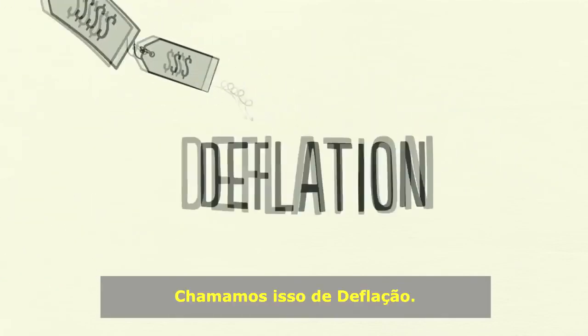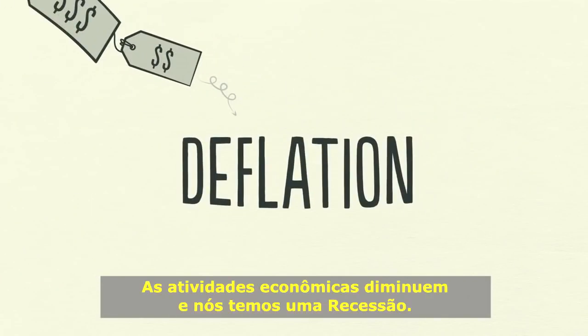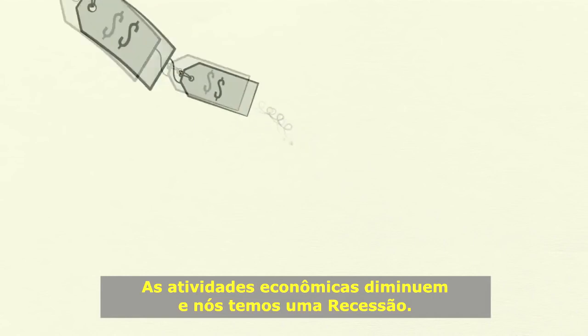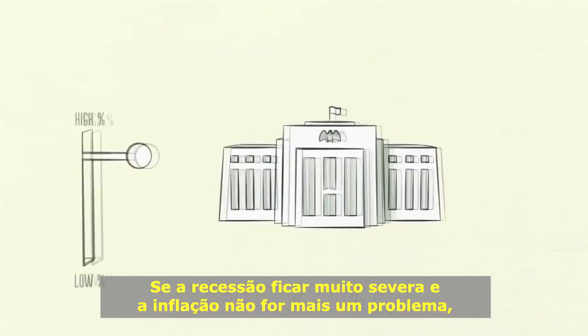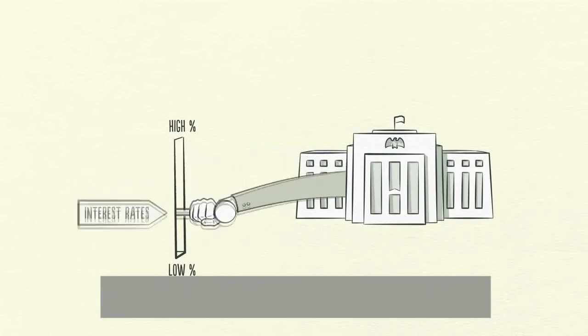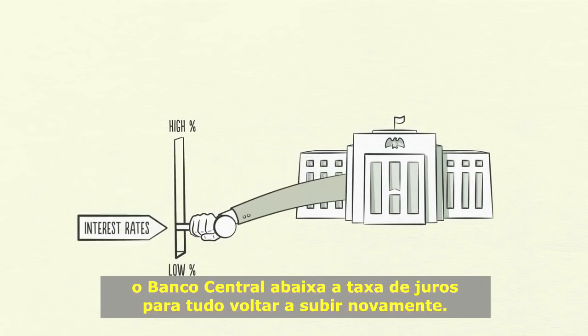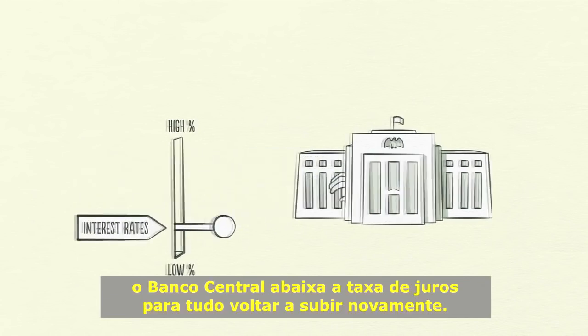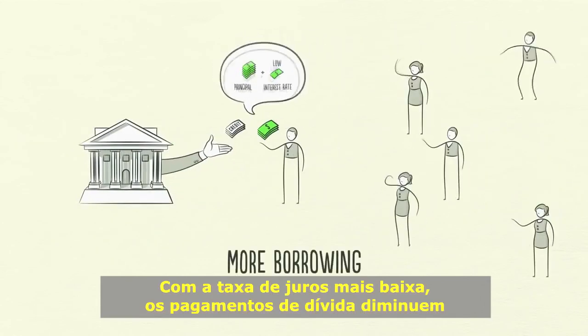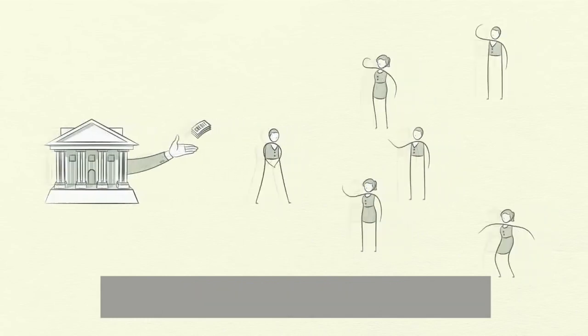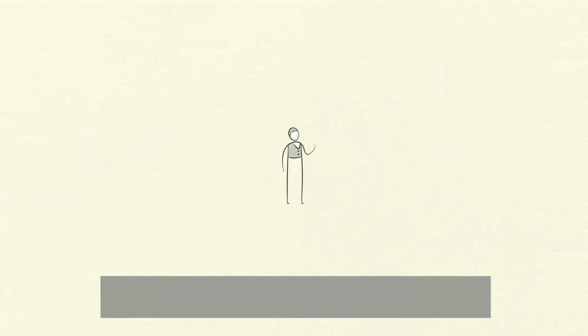We call this deflation. Economic activity decreases, and we have a recession. If the recession becomes too severe and inflation is no longer a problem, the central bank will lower interest rates to cause everything to pick up again. With low interest rates, debt repayments are reduced and borrowing and spending pick up, and we see another expansion.